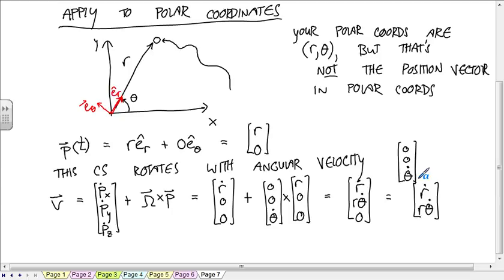Okay, so that's an expression for the velocity vector in polar coordinates, and you've probably seen that formula somewhere. Maybe you derived it a different way. But here's a nice, simple way of deriving this velocity vector. And now we can use the acceleration formula to derive an expression for the acceleration.